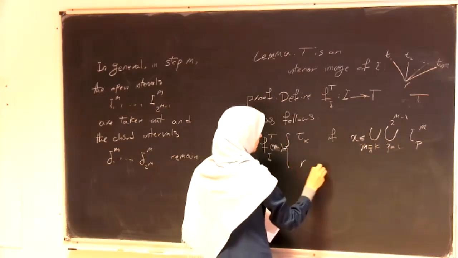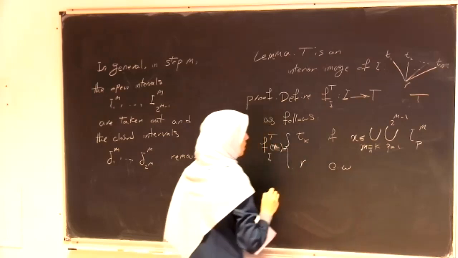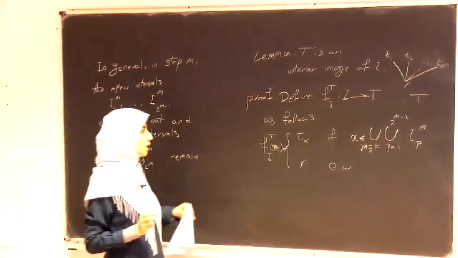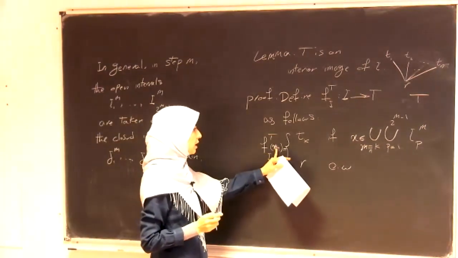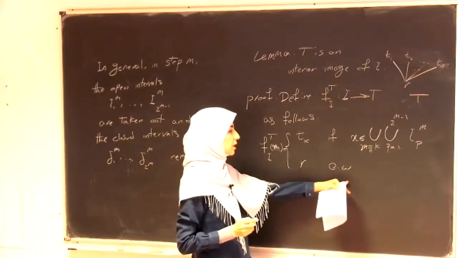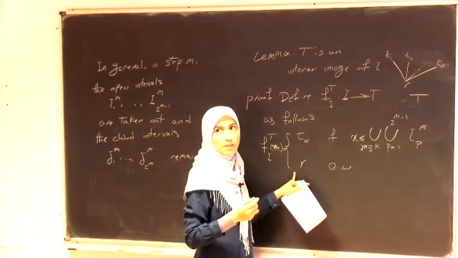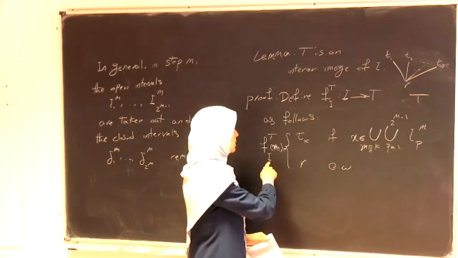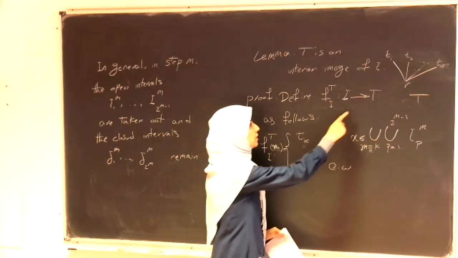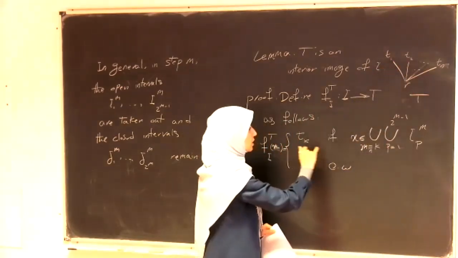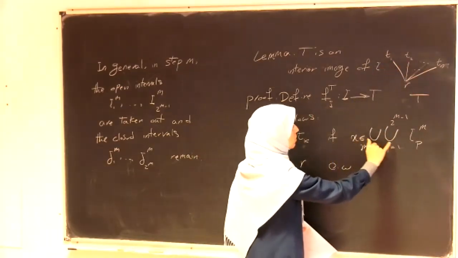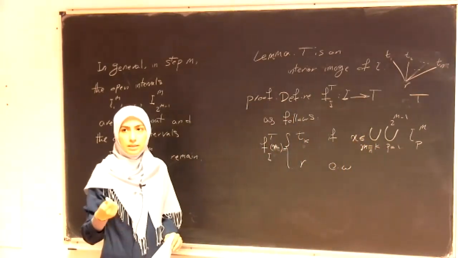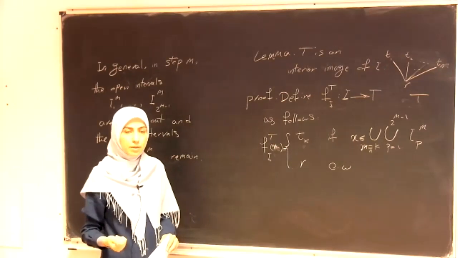And we send x to the root otherwise. So for any x, if x is in the Cantor set, we send it to the root, or if it's in some open interval which we take out, we send it to one of these t with respect to which step we take out the open interval that x is a member of.